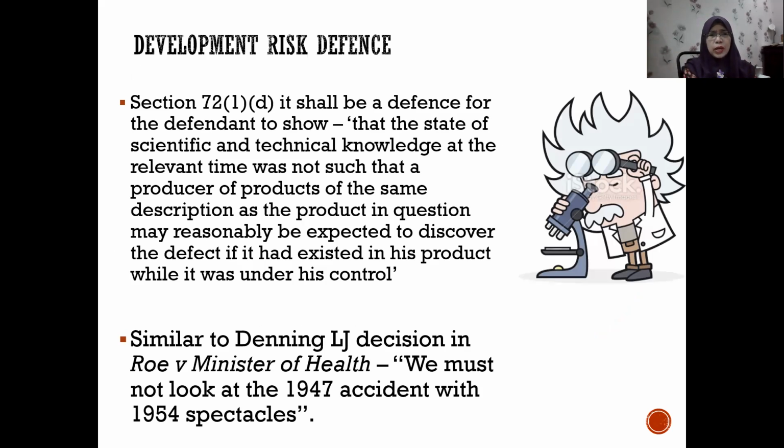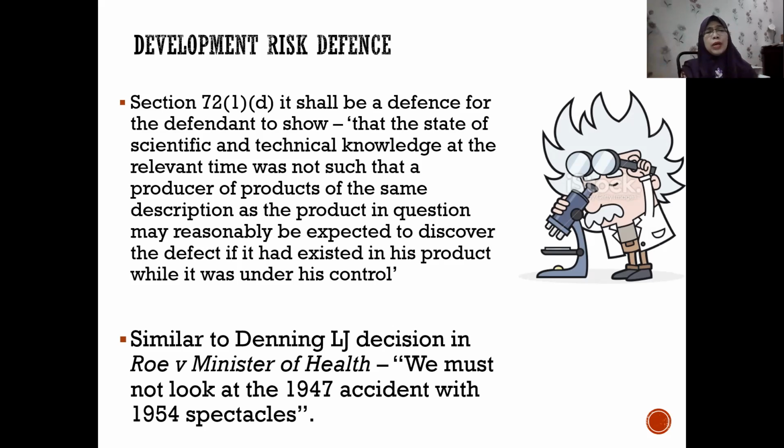Basically, it revolves around the state of science. This is the essence of the argument that can be made under the development risk defense. What's the meaning here? That the state of scientific and technical knowledge at the relevant time was not such that a producer of a product of the same description as the product in question might reasonably be expected to discover the defect if it existed in his product while it was under his control.